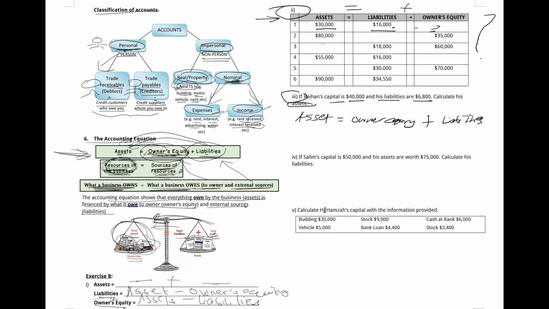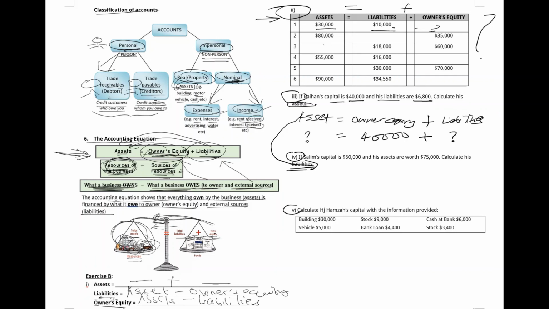So this one owner equity they tell you is 40,000, and this one liability they tell you how much. You find out the assets. And this one is the same. You do it for me. You use the same accounting equation, find the liabilities.